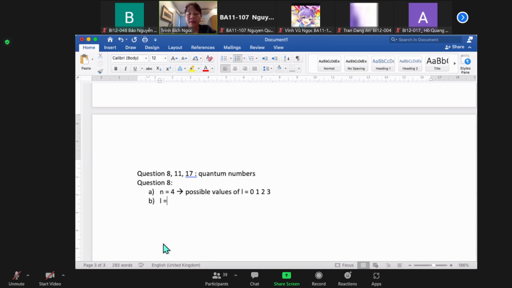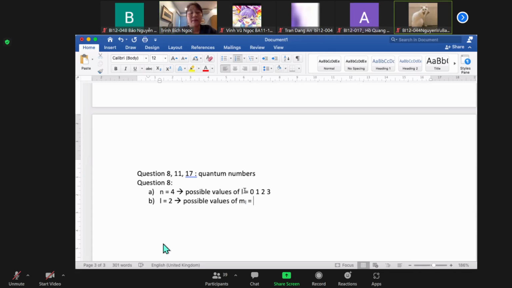If L equal to 2, the possible value of ml will be from minus L to L. It will be minus 2, minus 1, 0, 1, and 2. So you have 5 possible values of ml.